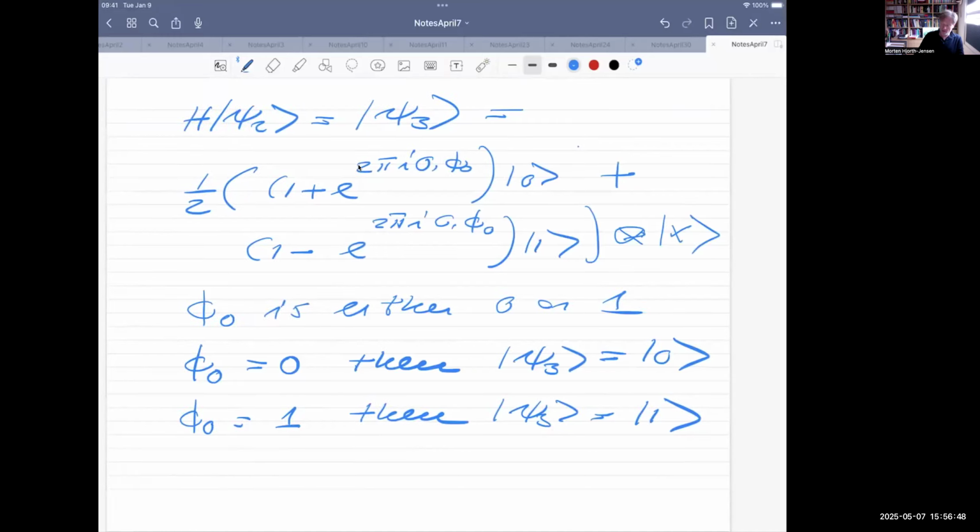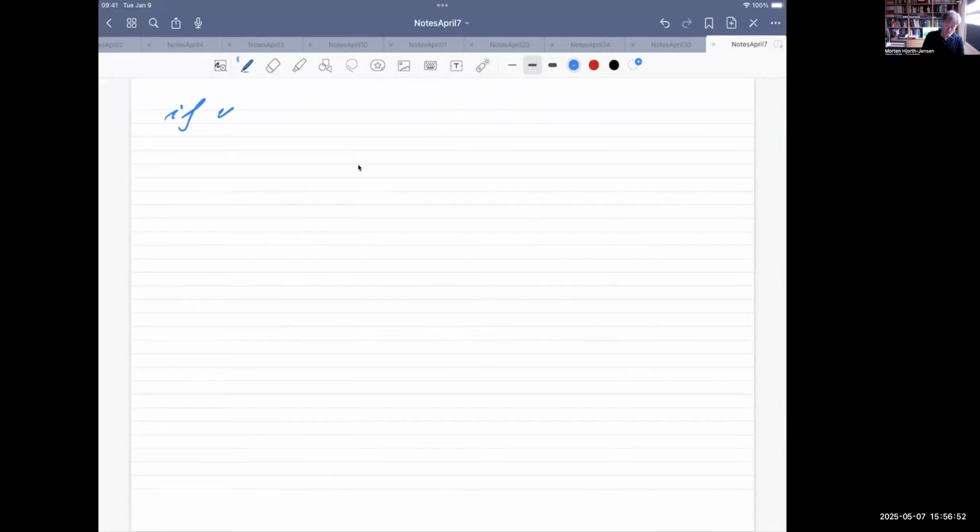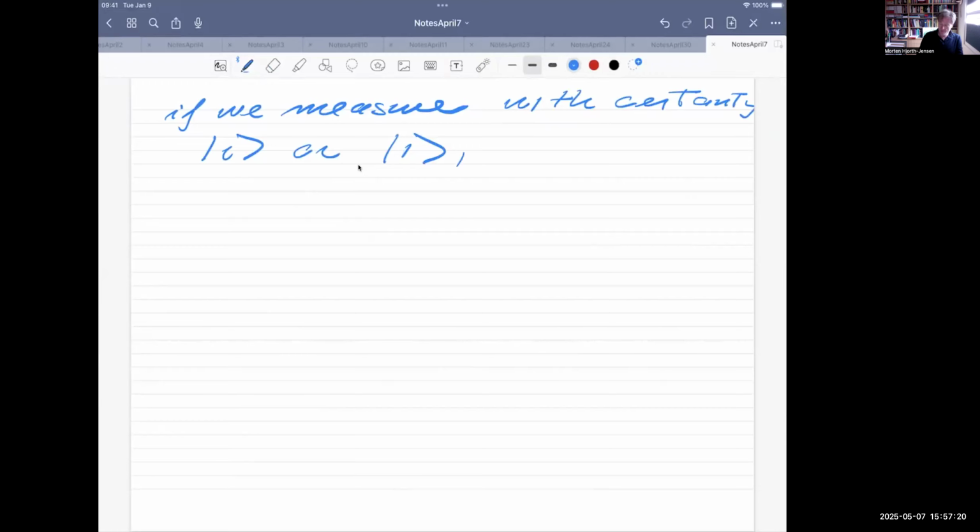So if we summarize this, if we measure with certainty 0 or 1, then phi is equal to 0 or 0.5. And then we know the value, we know the eigenvalue.